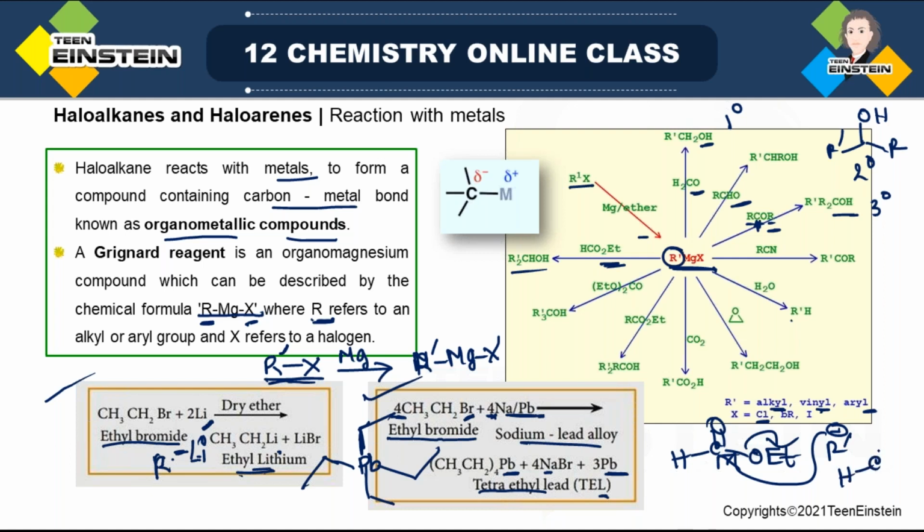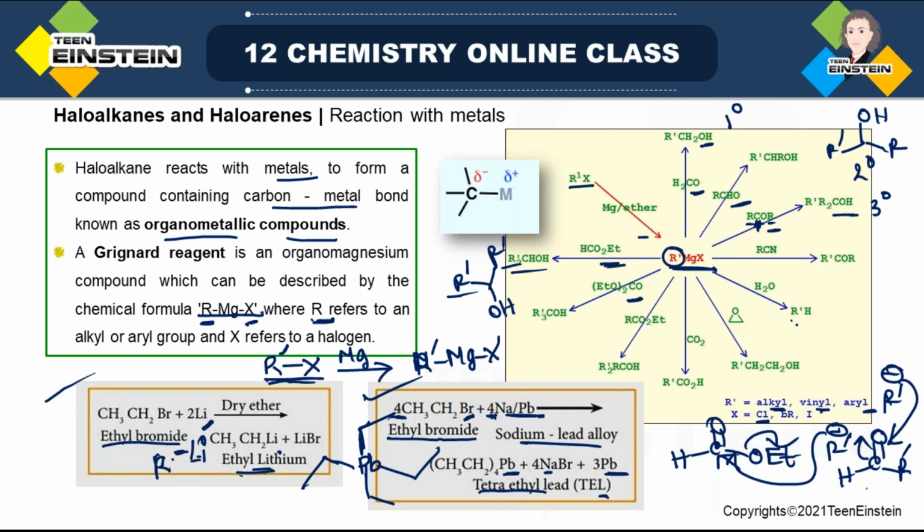So first you will be getting HCOR'. But this is not the end of the reaction. If you are using excess Grignard reagent, another R' will also attack, and now there will be OH. So finally you are getting 2 R' attached to the carbon containing OH. So this is also a 2° alcohol. And 2 R' means per molecule of HCO2Et, you are using 2 molecules of R'MgX.